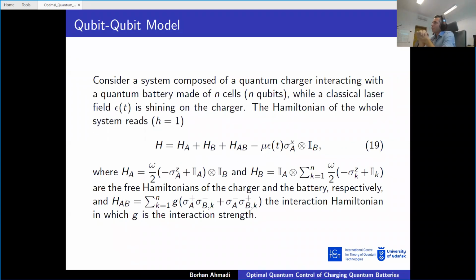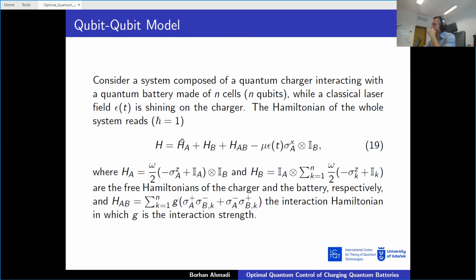Now we're going to apply this method to the charging process of a quantum battery. We first apply it to a qubit model in which we assume that the battery is made of many cells and the cells are qubits. Okay, and the charger is also a qubit.